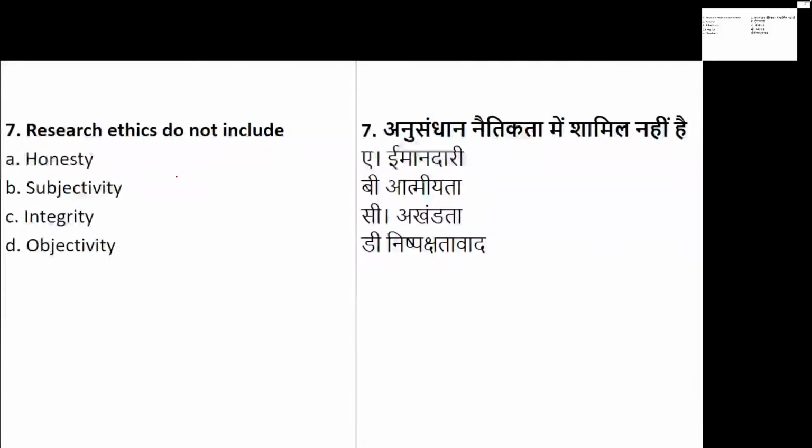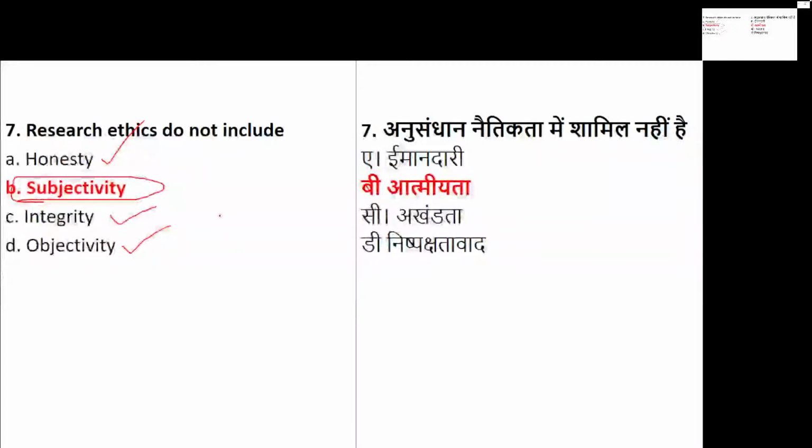Very simple question. But again, there is a confusion. Yes, Maiti, exactly right. See, research ethics obviously requires honesty. Integrity means unifying the work, coordinating the work, cooperating. Objectivity is a purpose. So what will not be a part of research ethics? Subjectivity.